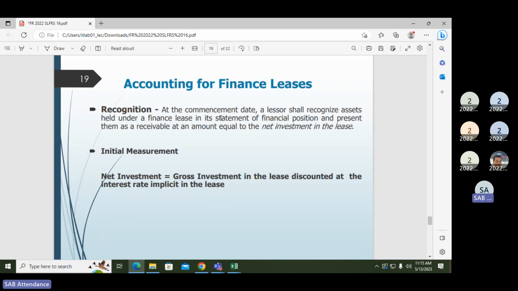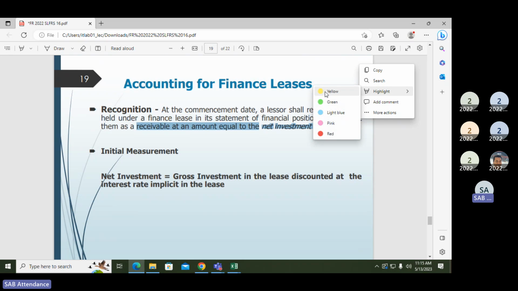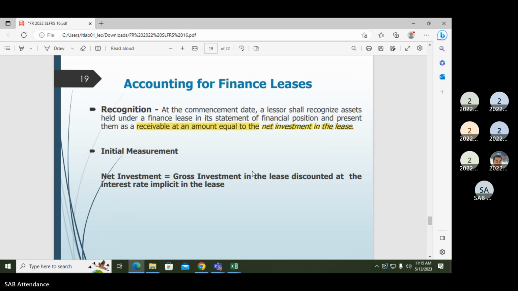For finance leases at the commencement date, the lessor shall recognize the asset under finance lease in the statement of financial position and present it as a receivable that is equal to the net investment in the lease. This is the lease receivable. Net investment in lease means gross investment in lease discounted at the interest rate implicit in the lease.